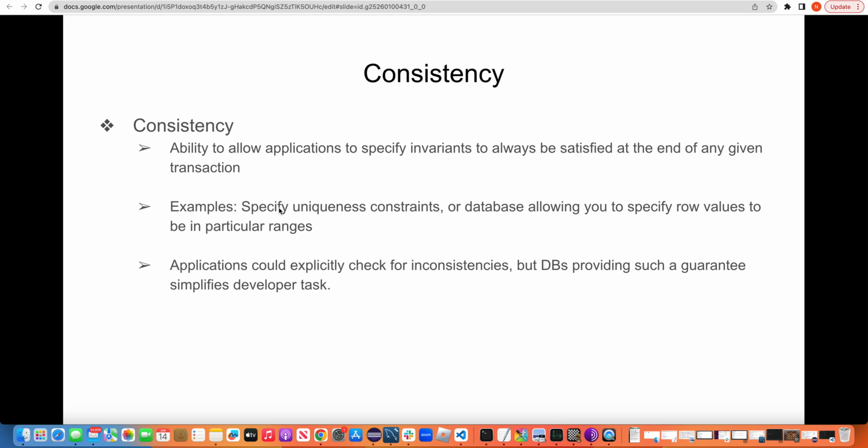In this way, applications can make sure that their data, based on their application logic, is always consistent. Now, they could always explicitly check for these inconsistencies and fail their transactions, but that's additional work, and thus DBs provide such a guarantee to simplify developers' task.